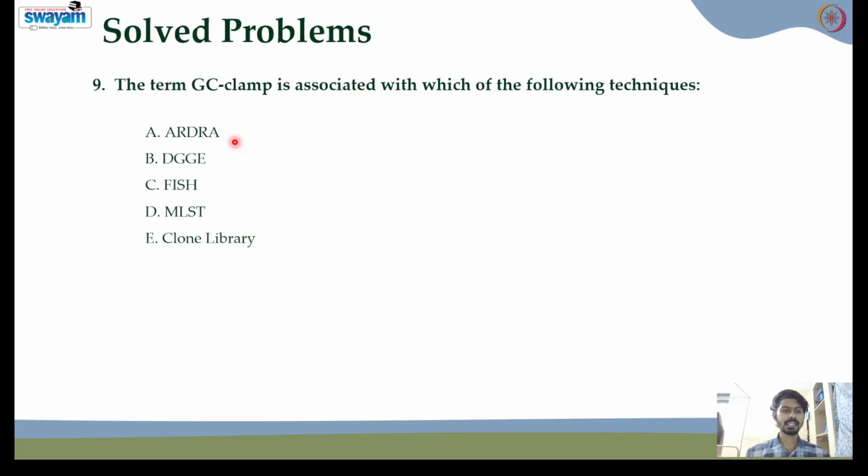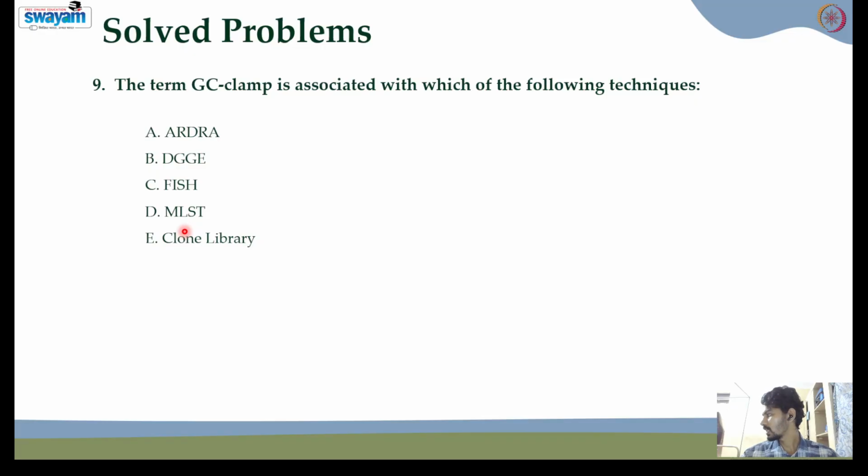First, we will see the expansions. Option A is amplified ribosomal DNA restriction analysis, and option B, DGGE, denaturing gradient gel electrophoresis. Option C, FISH, fluorescent in situ hybridization. And option D, MLST, which is multi-locus sequence typing. And option E, clone library. So among these, which suits the GC clamp?